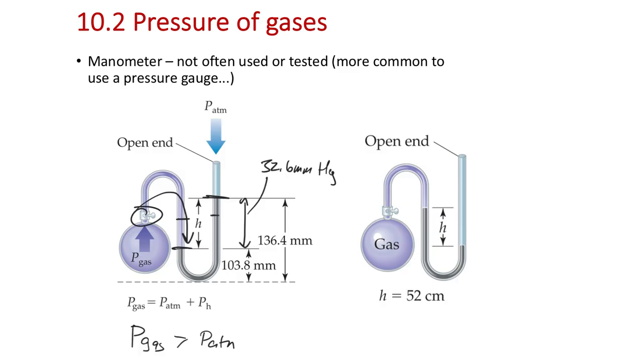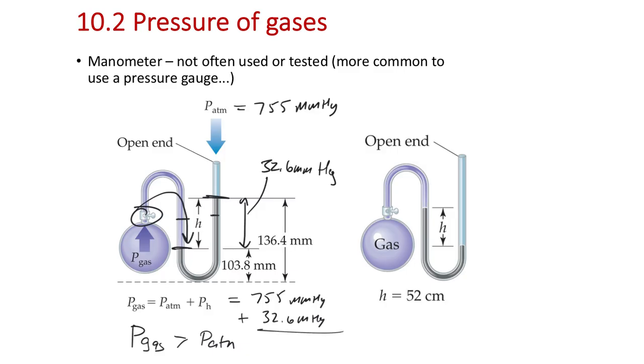And we're using mercury in this column, so that's why it's millimeters of mercury. If the atmospheric pressure on a given day was 755 millimeters of mercury, then the pressure of our gas sample would be 755 millimeters of mercury plus the 32.6 millimeters of mercury that it pressed the column downward.